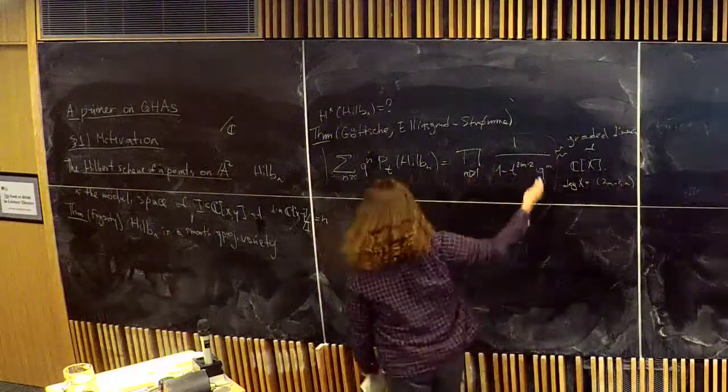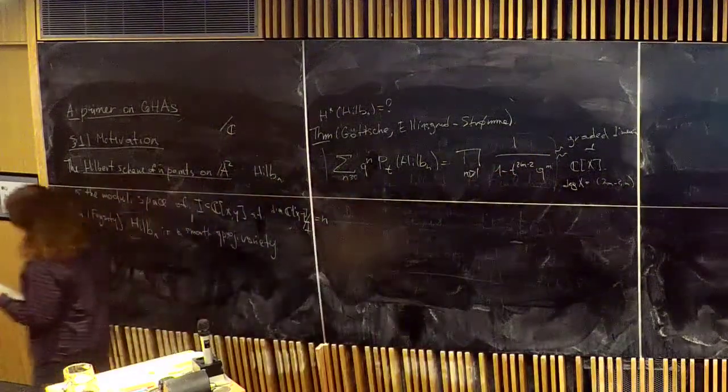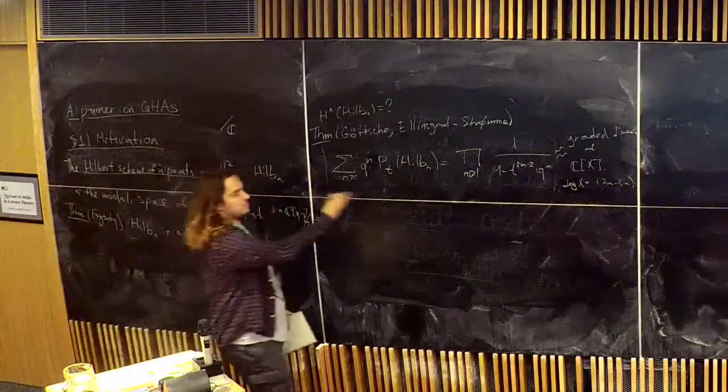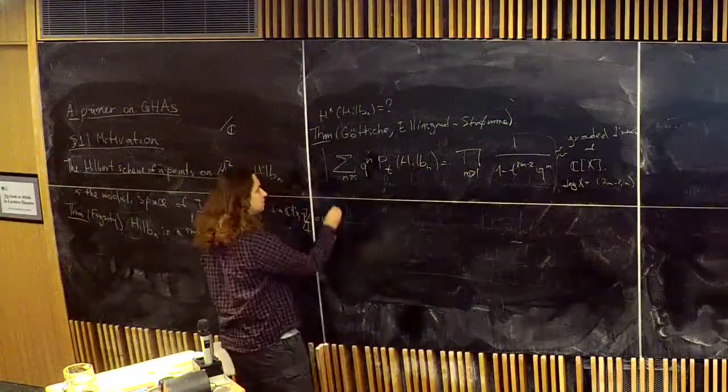So this is just a generating series of such things. And so there are several ways to interpret this formula.